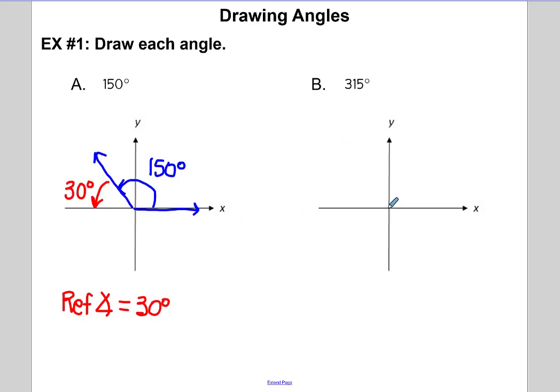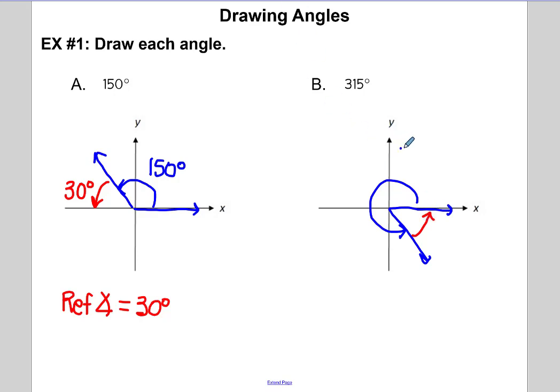In this one, 315 degrees, starting at the positive x-axis for my initial side, and rotating around 315 degrees is going to put us over here in quadrant 4, and we want an acute angle that gets us back to the x-axis.